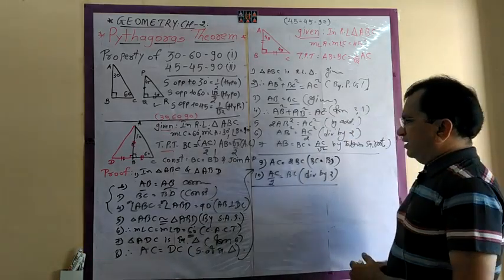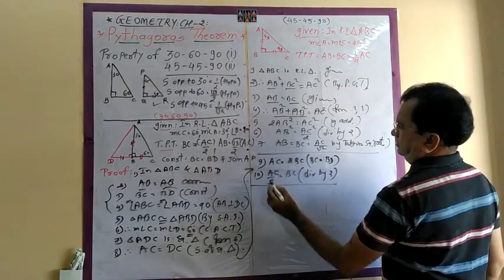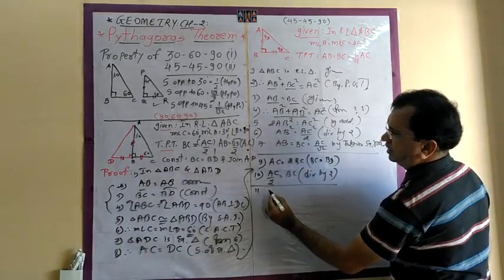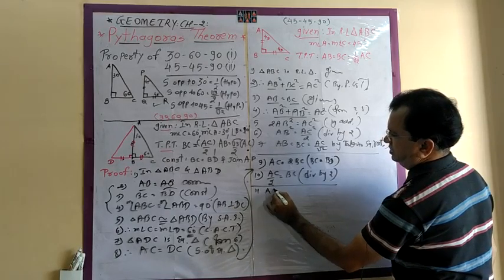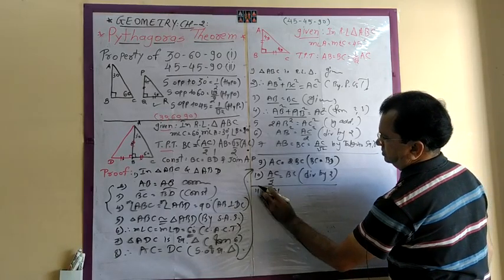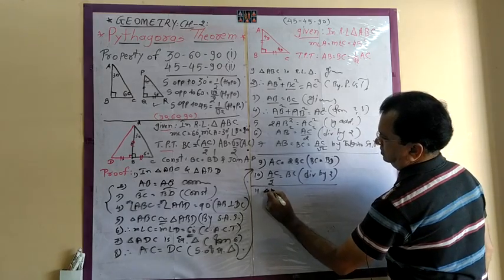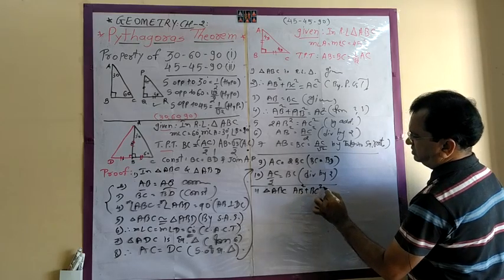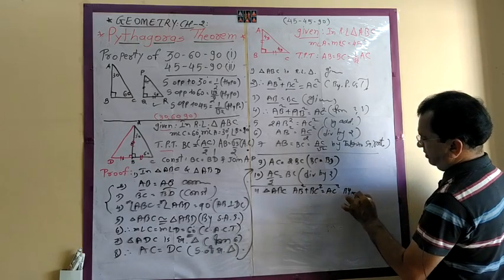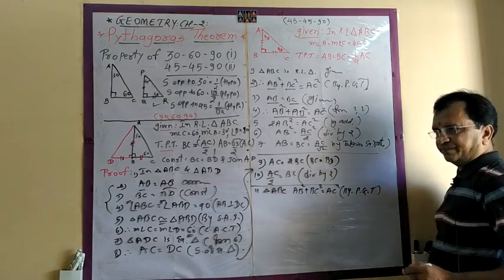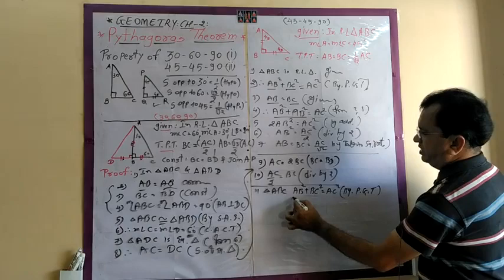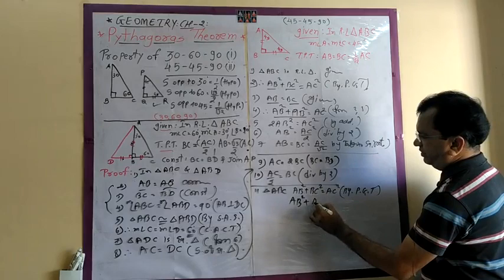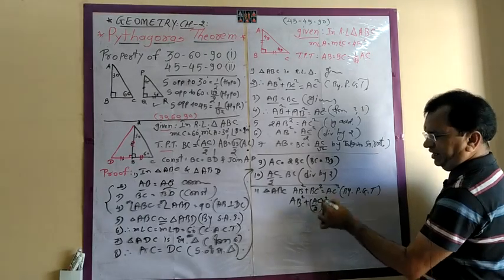Now continue for second. In triangle ABC, AB square plus BC square is equal to AC square by Pythagoras theorem. Now AB we have to find, so we cannot replace AB. We know BC is AC by 2, total square.